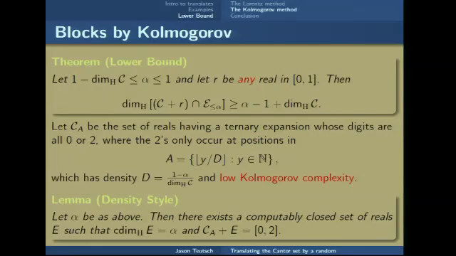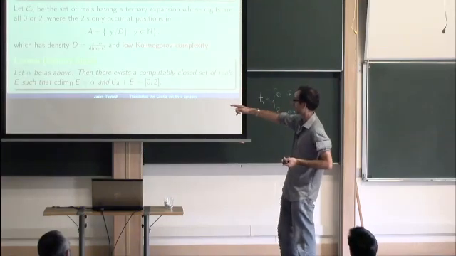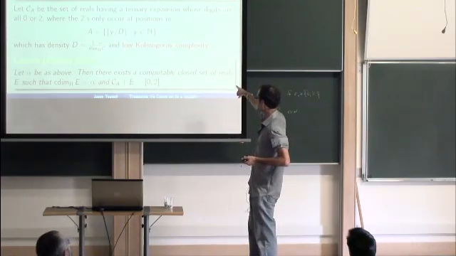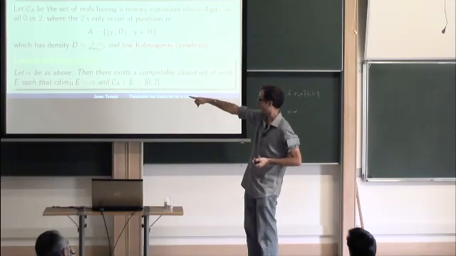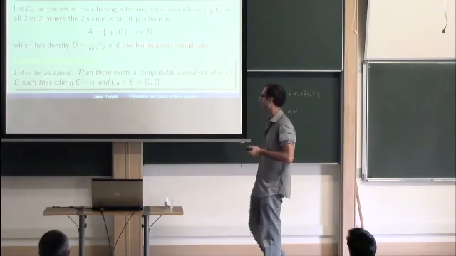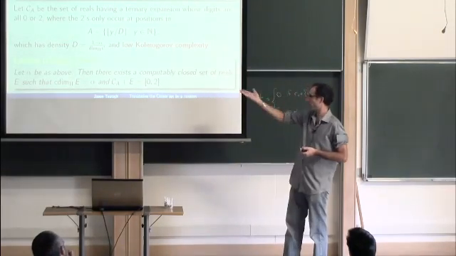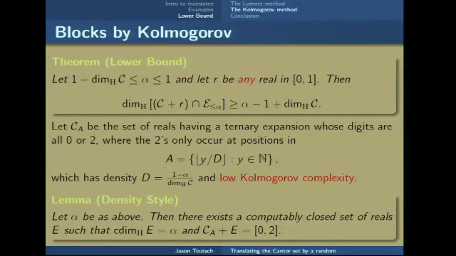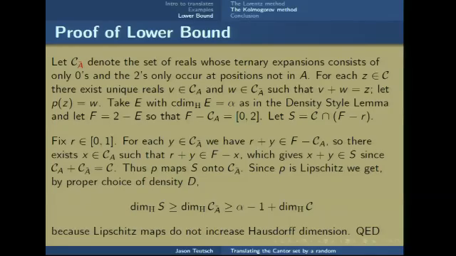That's an important factor. Then you can get a complementary set which has constructive dimension alpha and is still completely complementary to the Cantor set. So what we did before with the Cantor set, I'm now doing with some subset of the Cantor set.